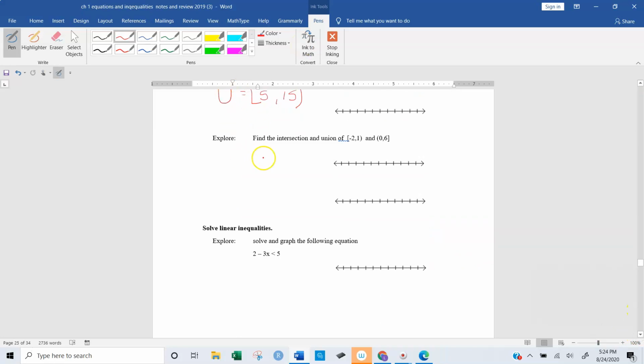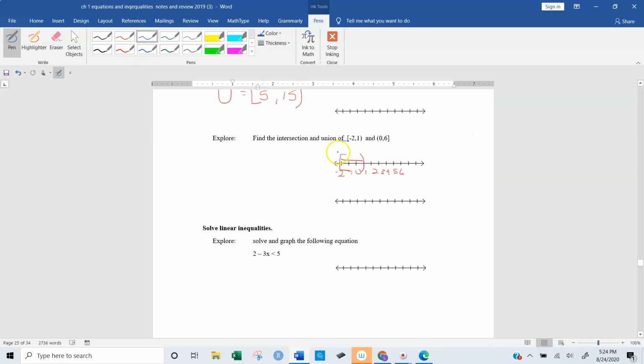Okay, let's look here. We have -2, -1, 0, 1, 4, 5, and 6. It starts at -2 inclusive. It goes to 1, not inclusive, and it includes all of those.